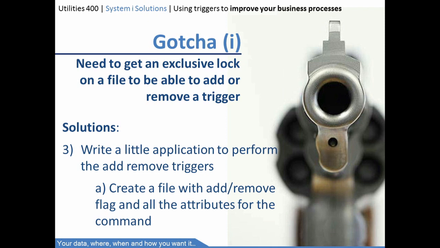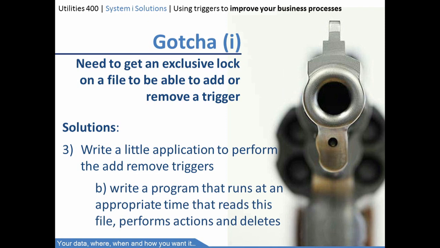Okay, and then you have a program that will run at some time of the night, before or after your backup or when the machine's not being used, where it can just process those files, and it will add or remove any triggers with any attributes that you've specified in the little application that you've written. So that will get you over that problem.